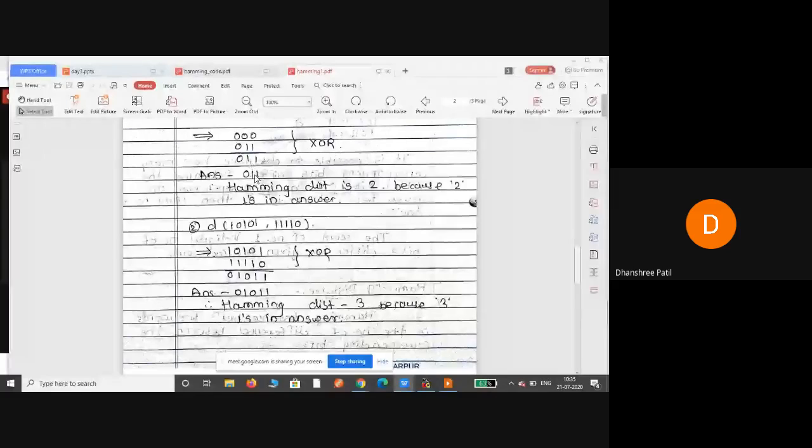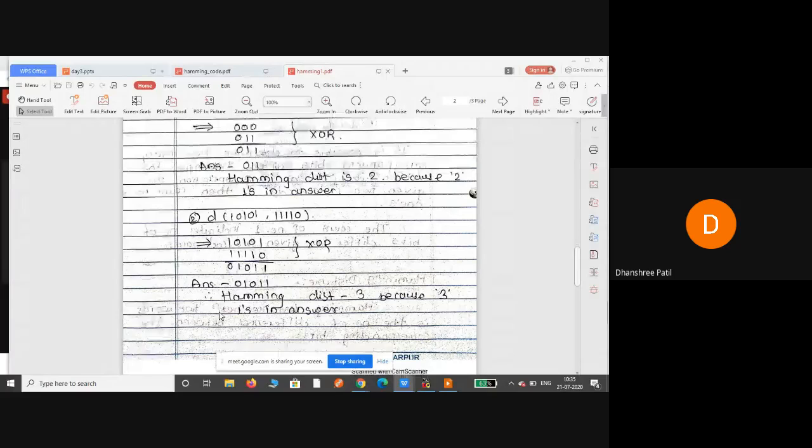From that Hamming distance, I can conclude that these many bits differ in these two code words. Suppose the answer is 011. So the number of ones is 2. It means that 2 bits are different, or changed, at the receiver side. Okay. So that is the consideration for the Hamming code, and it is called the Hamming distance. Generally it is represented as D of XY.